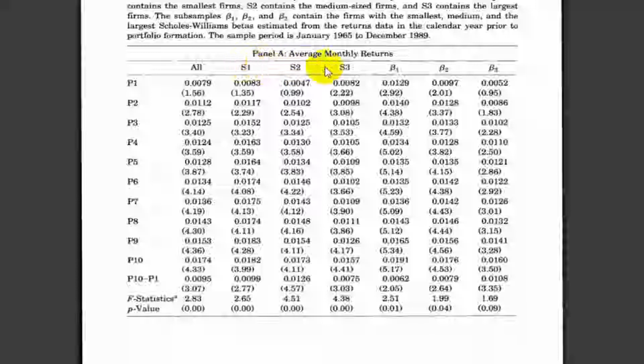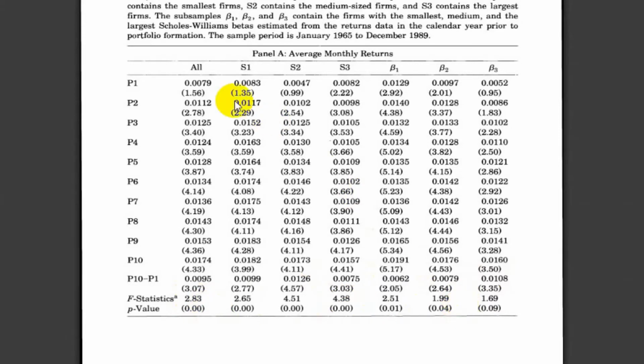The S stands for size, so we have the smallest companies in S1 and the largest companies in S3. And here we have the betas, with the first one being the smallest betas and the third one being the largest betas. And down at the bottom we have the return of portfolio 10 minus the return of portfolio 1 in each of the categories, and F statistics and p-values.